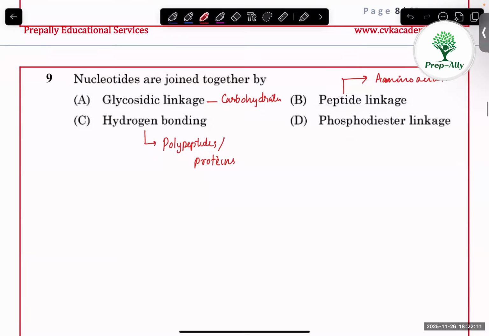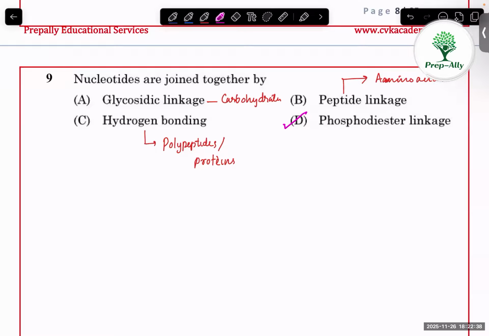So they are all present in the proteins. So nucleotides are basically joined by the phosphodiester linkage. Every nucleotide is joined together by phosphodiester linkage, in deoxyribonucleic acid, that is DNA, or ribonucleic acid, that is RNA. So they have a ribose sugar or deoxyribose sugar, and a nitrogen base.